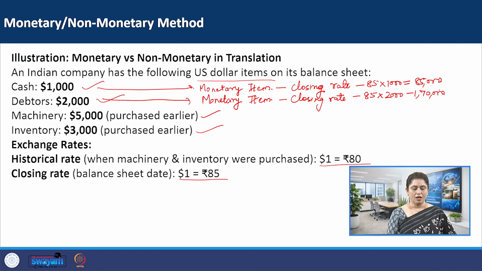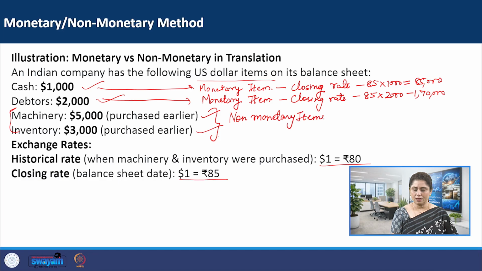Now these machinery and the inventory that I have purchased earlier, these are non-monetary items. It is based on their physical condition and physical usage. So these non-monetary items are going to be converted at the historical rate.